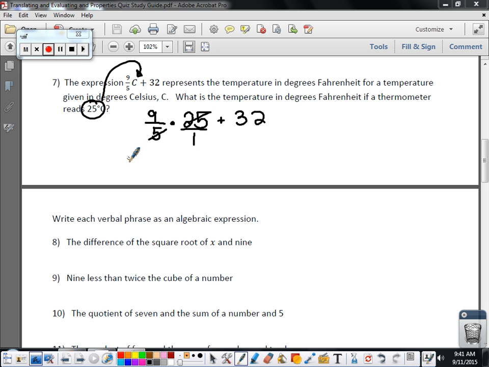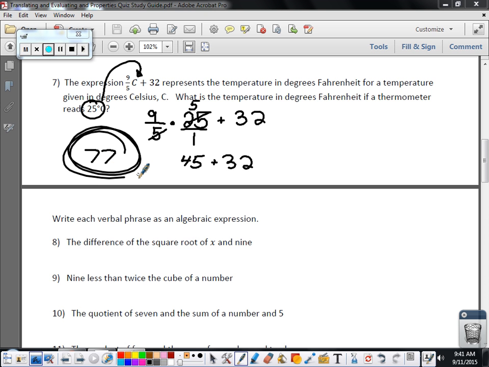Cross cancel. This turns into a 5. So I know that 9/5 times 25 is actually 45. And then 45 plus 32 is 77. You guys get that in your calculator? Good? Moving on.